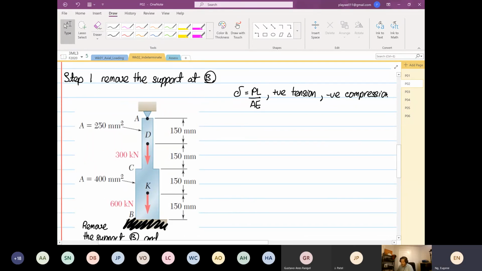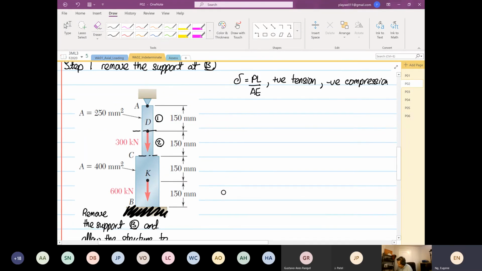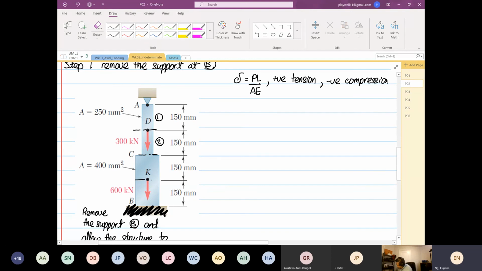So what we see over here is we're going to divide our structure into 4 portions. This is my section 1, because there's a load. Then this is my section 2, where you have a change in cross-sectional area. Then we divide again. Number 3, there's a load. And then finally, this is your last part.